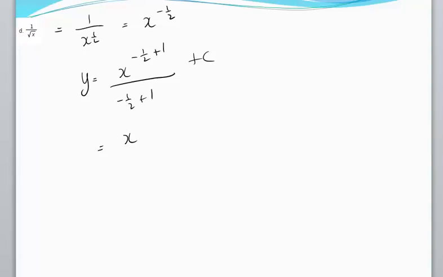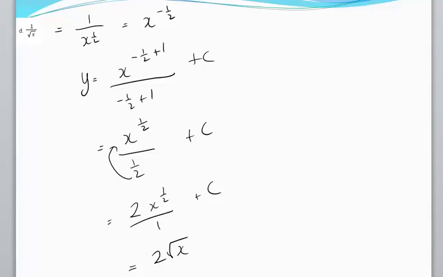Minus a half plus 1 is the power of a half, divided by minus a half plus 1, which is a half. So here, plus our constant c, it's going to be 2x to the power of a half divided by 1, plus our constant c, which will be 2 root x plus our constant c.